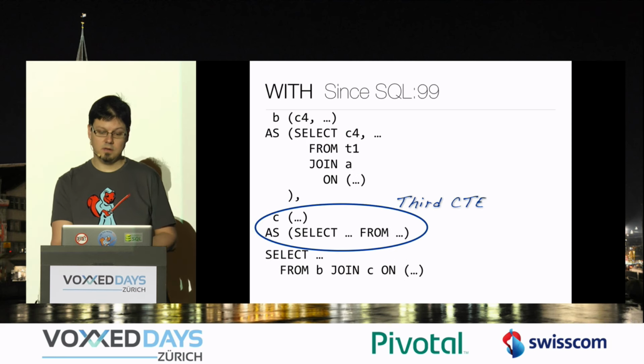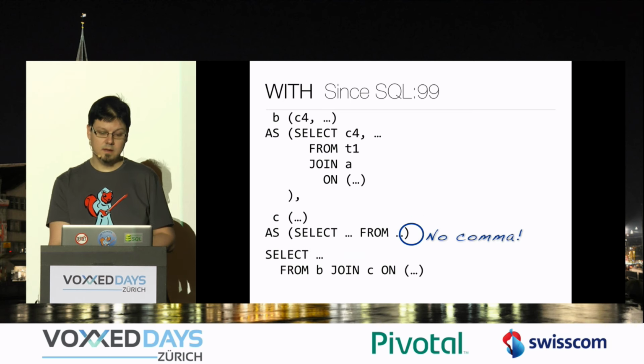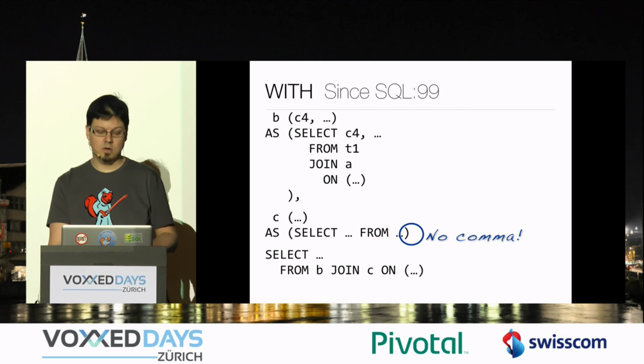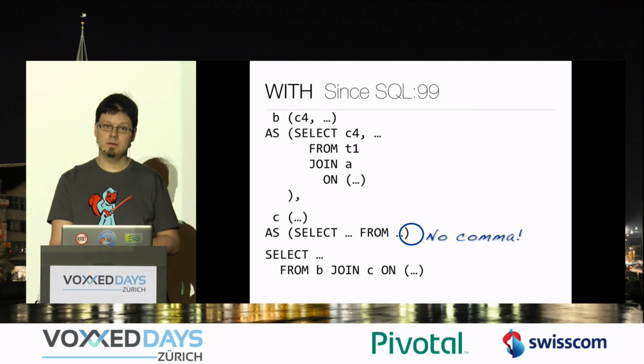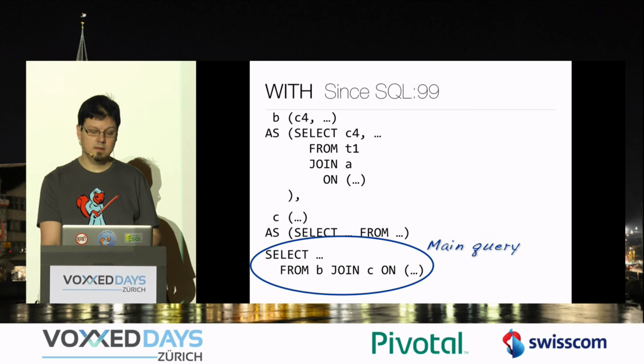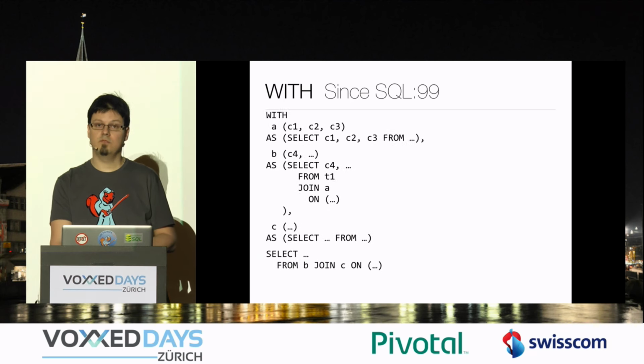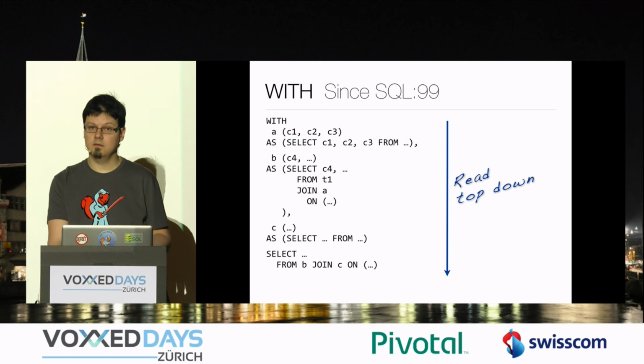So here I have a third common table expression. And the small thing to note here is that there is no comma, and when there's no comma, then the main query follows. So that's now just a select that can already access all these just defined statement scoped views. And the difference is you read it from top to down, like we are used to reading code.